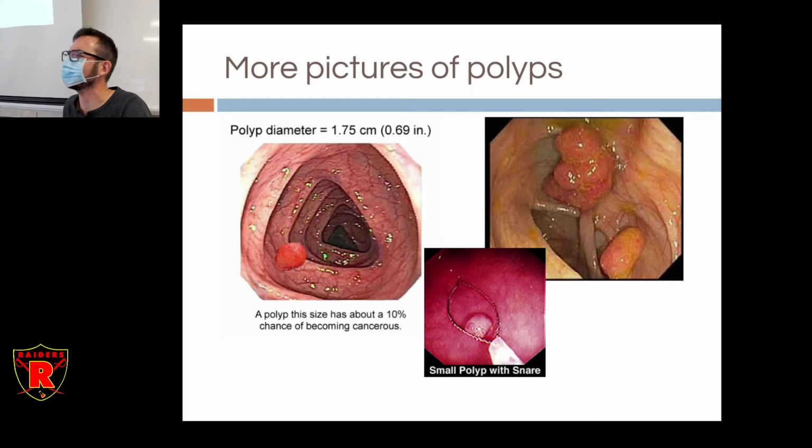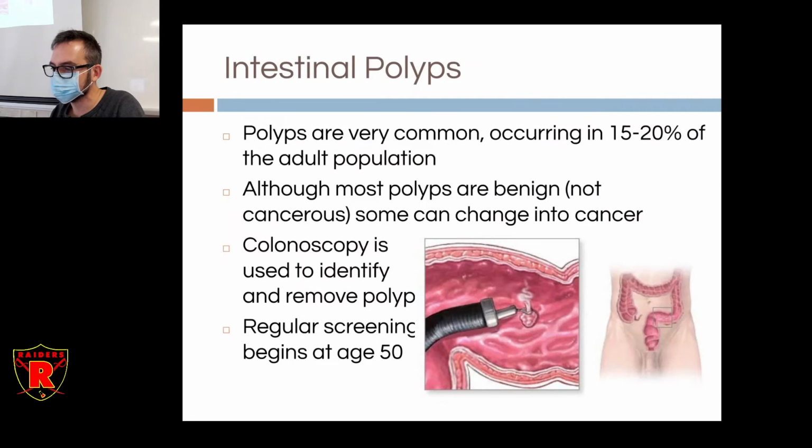It might be 55. I have to double check. But it is a free screening procedure that really your family physician should be recommending to you if you're over that age, just to check. So you should be having those, have a look at those. But if you do catch them and remove them before they can become cancerous, wow, you dodged a bullet, guys. So you just dodged colon cancer, which is pretty amazing.